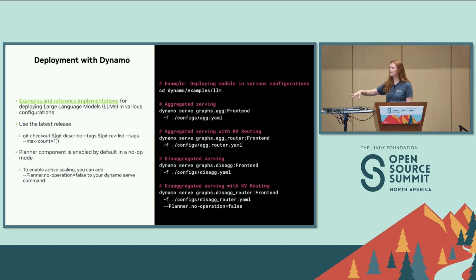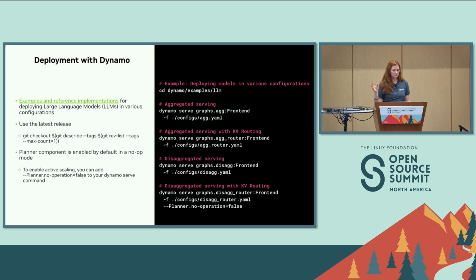That will cover 4 cases: aggregated serving, aggregated serving with KV routing, disaggregated serving, and disaggregated serving with KV routing. The difference comes in the YAML file, and those are only small differences where you need to specify, for example, what routing to use. Round robin, random, KV smart routing.